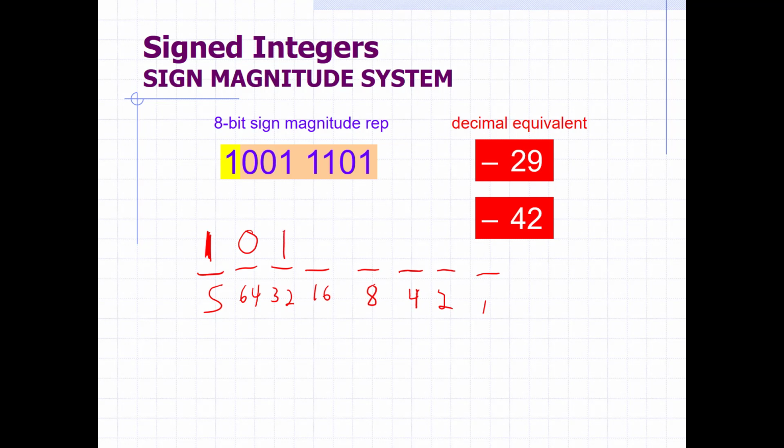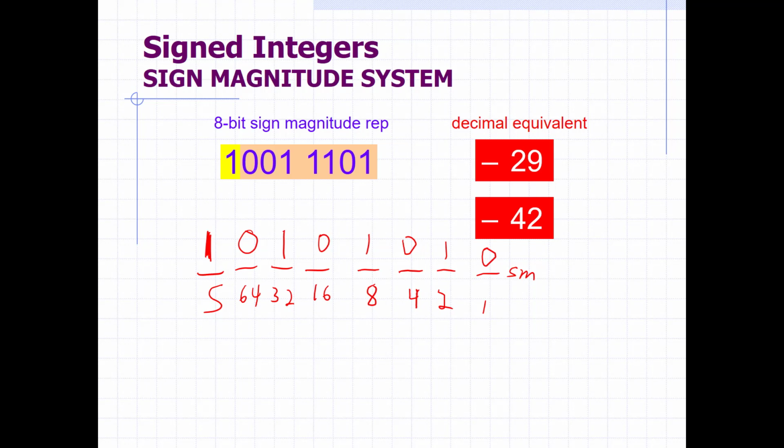I do need 32, and now I need 10 more. So 8 and 2. And then the rest of these will be zeros. So we were able to store negative 42 on 8 bits in sign magnitude.